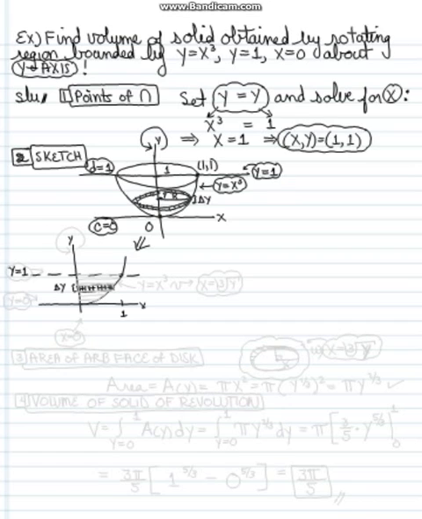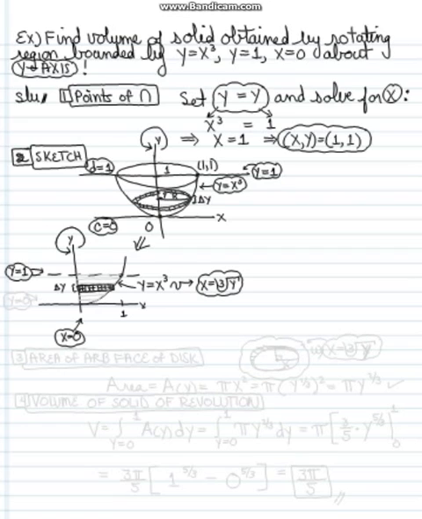The whole graph would look like a snake, but we only need the first quadrant. Here's a little slice that I took out of my approximating rectangle. It has width delta y, and then here's the line x equals 0. We've got our line y equals 1, and the curve is y equals x cubed. Now solve that for x, and you get the cube root of y.